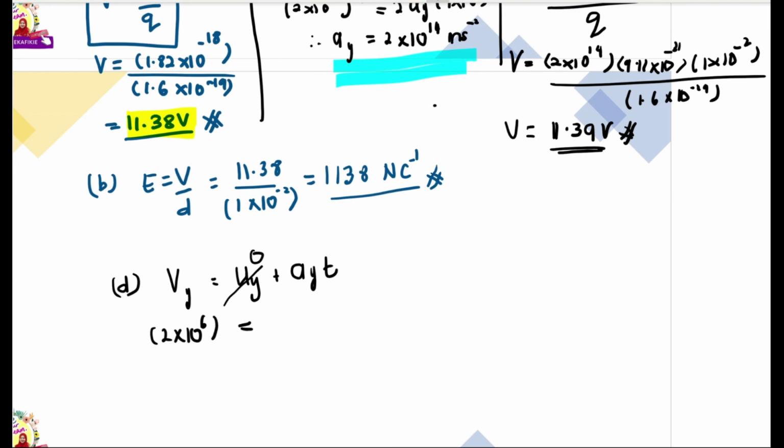Ay kita dah dapat tadi, nilai dia 2 times 10 power of 14. Therefore T is equal to, kita dah boleh kira, finally 1 exponent negative 8 second. So this is the answer.